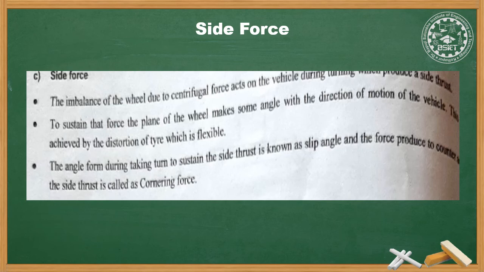The angle formed during taking a turn to sustain the side thrust is known as the slip angle, and the force produced to counteract the side thrust is called the cornering force. The force produced while taking the turn to properly turn the vehicle is called the cornering force.